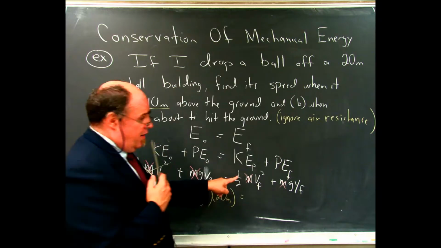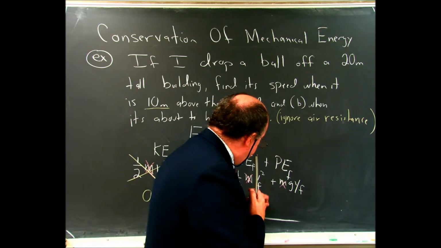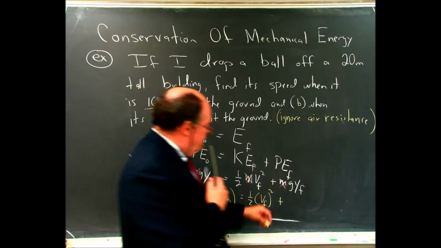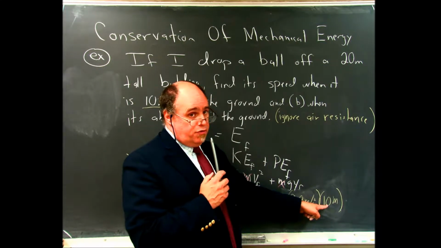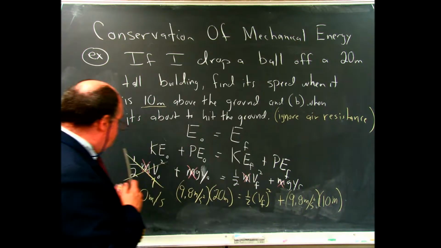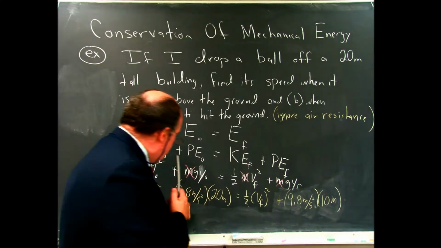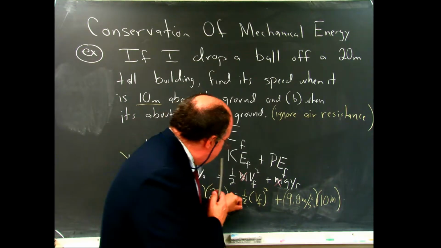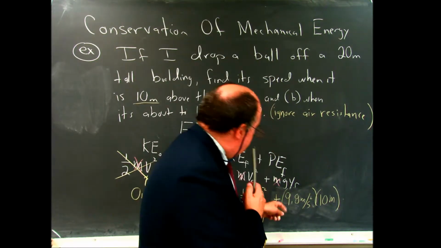Equals 1/2 V final, which is what I want, plus gravity, 9.8, times the height. I'm ending at 10 meters above the ground, so I'll put 10 here. When I plug this whole thing in, take your calculator out, this becomes 196, and this becomes 1/2 V final squared plus 98.